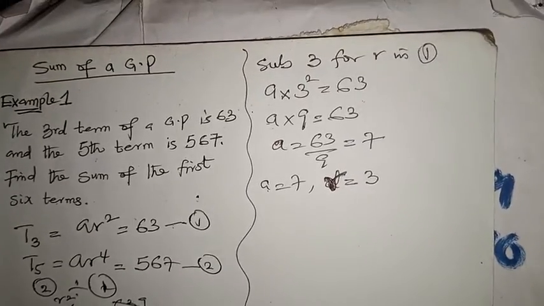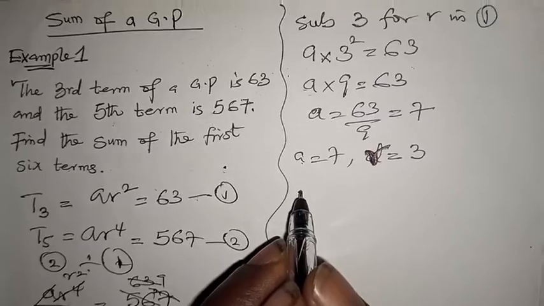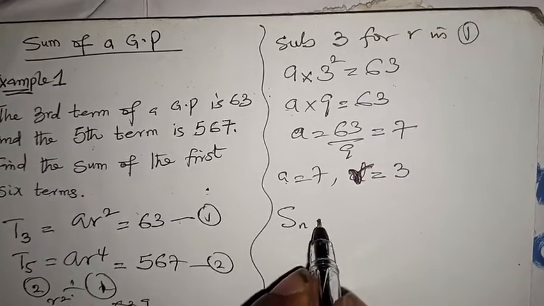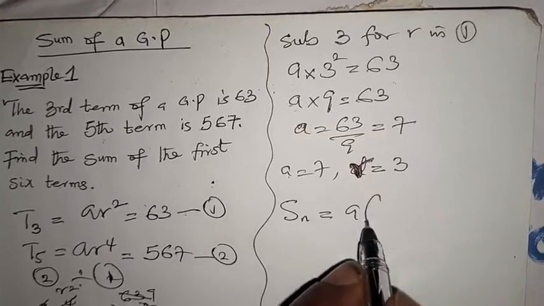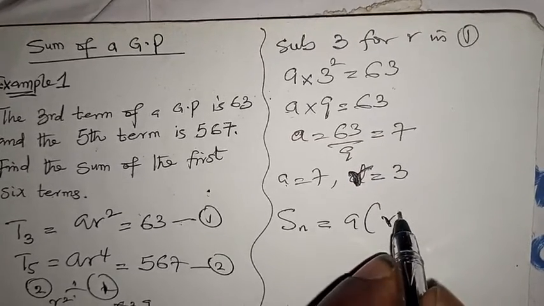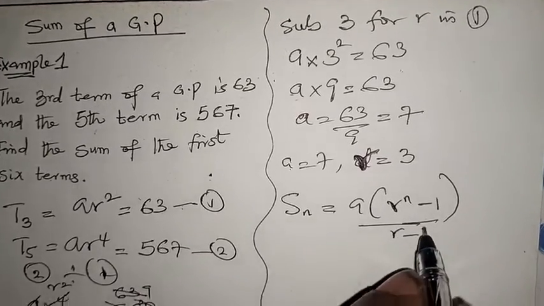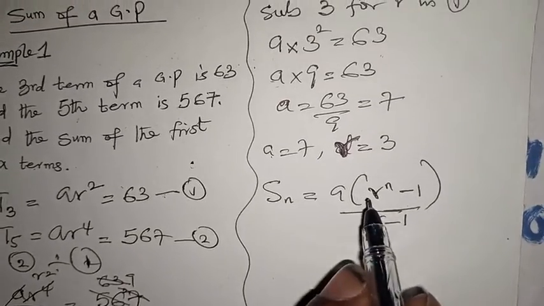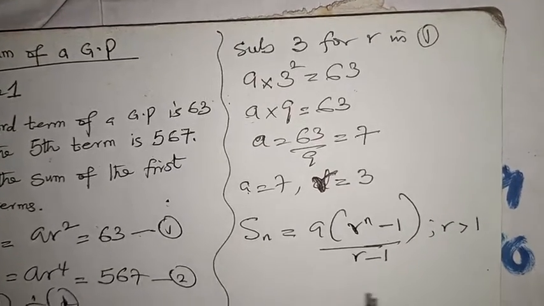Now that I've gotten A and R, for the formula for the sum of n terms of a GP, we have 3 formulas. The first one is Sn equal to A into R raised by n minus 1 over R minus 1. You use this when R is greater than 1.